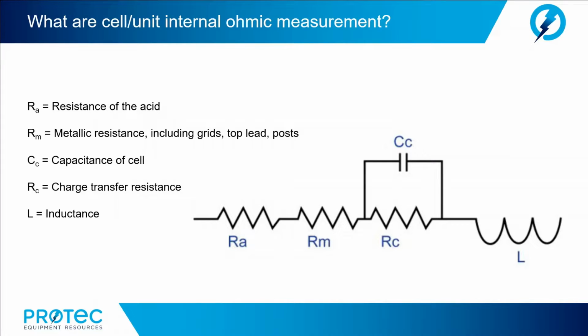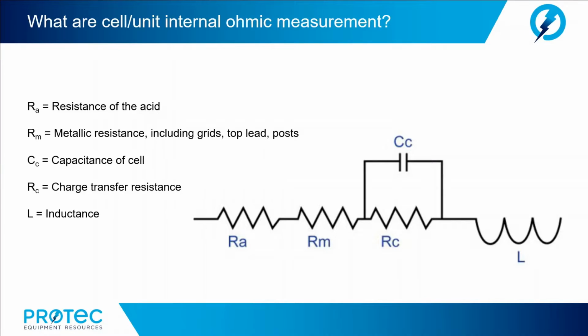Now, in the search for a tool for determining the health of a VRLA battery, several manufacturers studied the electrical model of a lead-acid battery's current path through its cell. The overall battery current path consists of resistance and inductance and capacitive reactance.